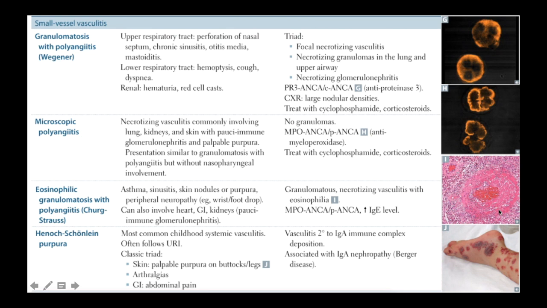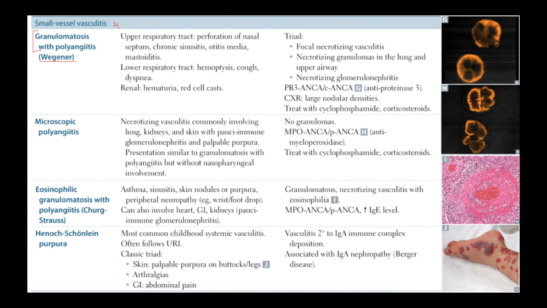And one more time with First Aid. So our 4 small vessel vasculitides. We have Wegener's, also known as granulomatosis with polyangiitis, a special extra name there. Again, this affects the nasopharynx, the lungs and the kidneys.